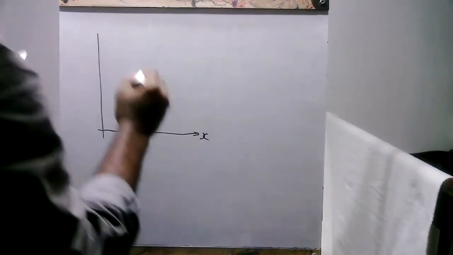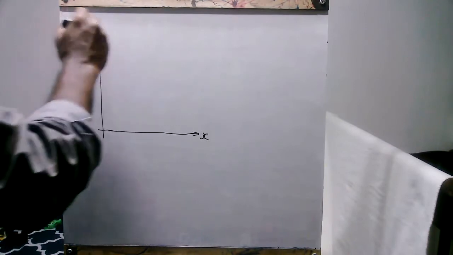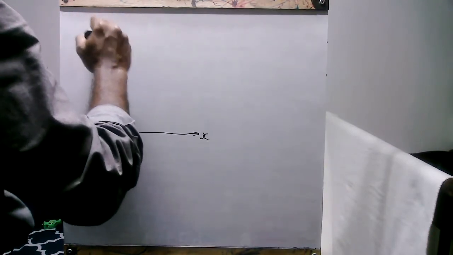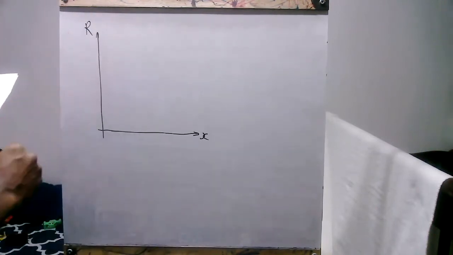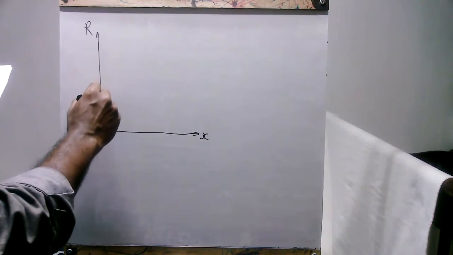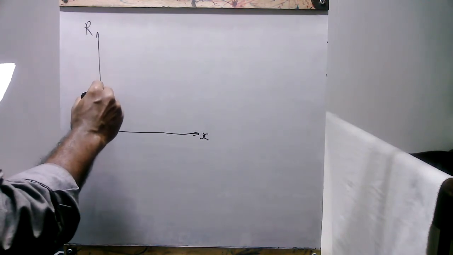This is x, number of items. Okay, if you do revenue on the y-axis, initially it has overhead.